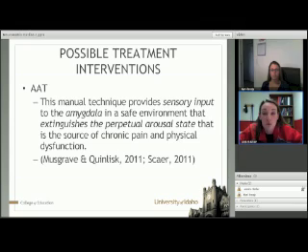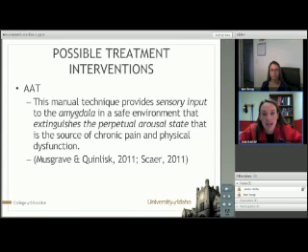We have overwhelming anecdotal evidence on this and on some of the other ones that we mentioned, but they lack substantial research. The idea behind this treatment is that decreasing upregulation by breaking the cycle of perpetual arousal will allow the body to return to homeostasis, and that will allow us to more effectively relieve pain.